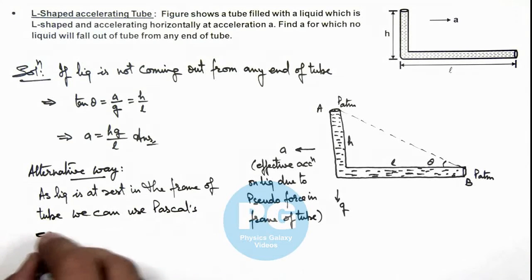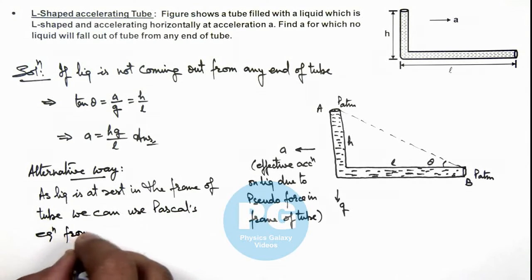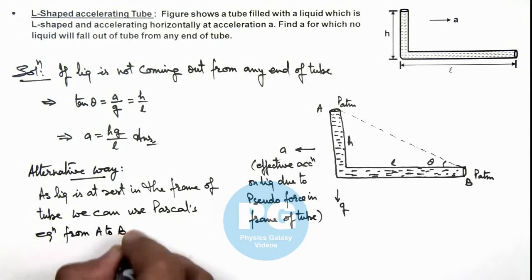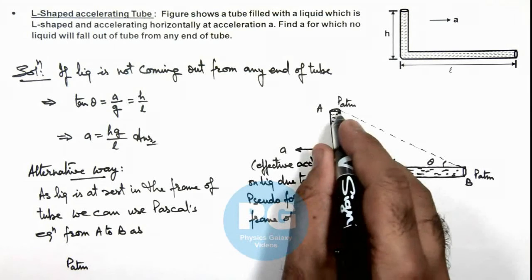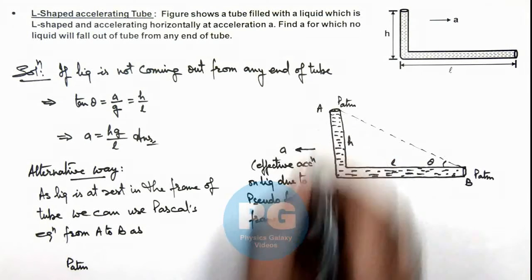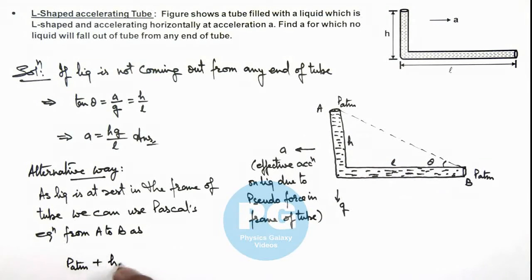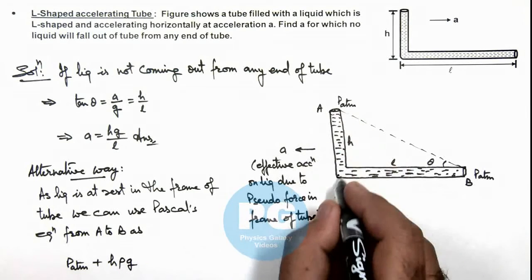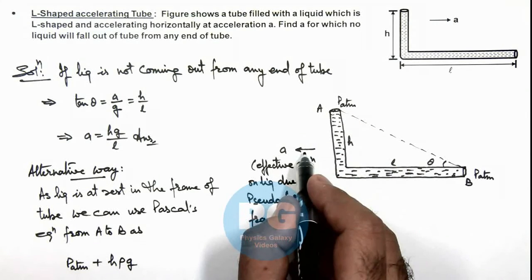Pascal's equation from A to B as, here we can write pressure is atmospheric at A. If we calculate pressure at this bend, it will be plus h rho g, as in vertical direction this A will not affect the pressure.